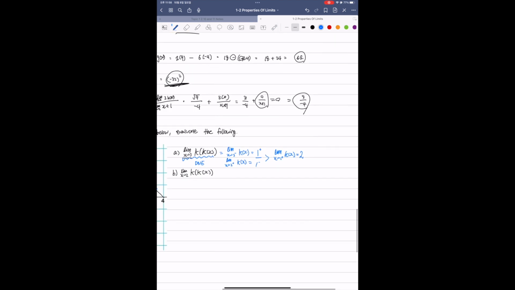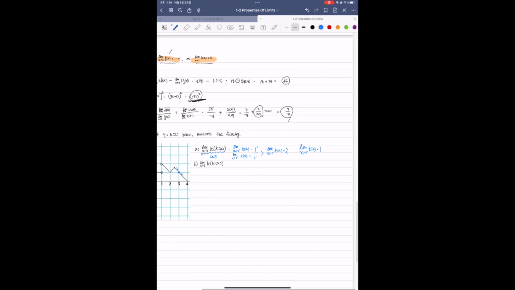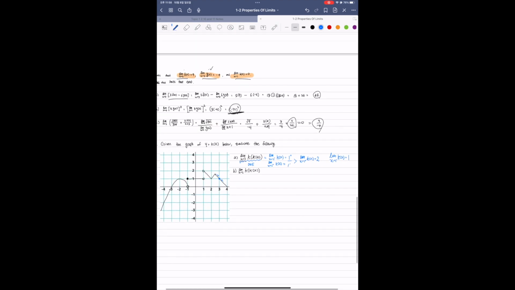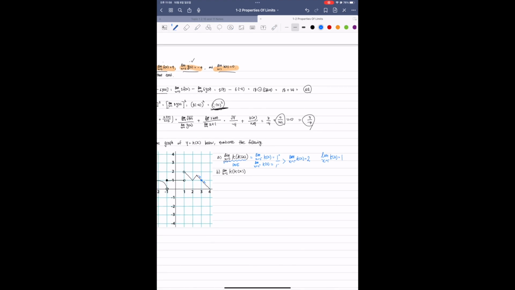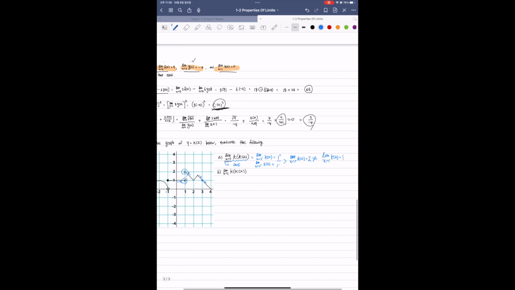However, the limit as x goes towards 1 minus of the function is 1, as you can see in the graph. 1 plus over here is 2, and 1 minus equals 1, which is not equal. Therefore, we can say it is D and E.